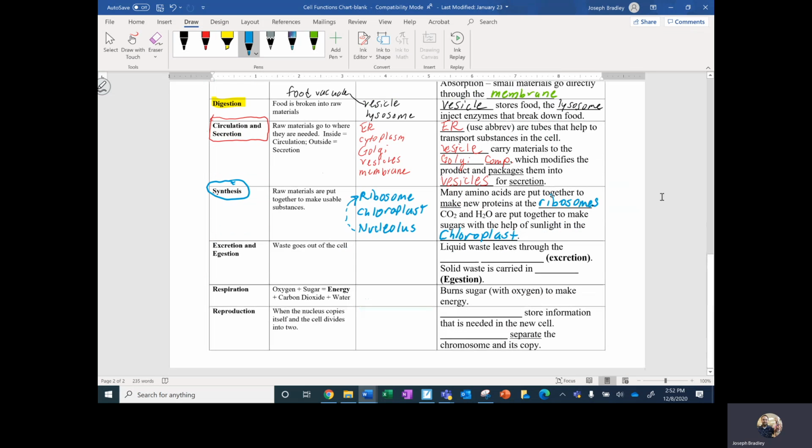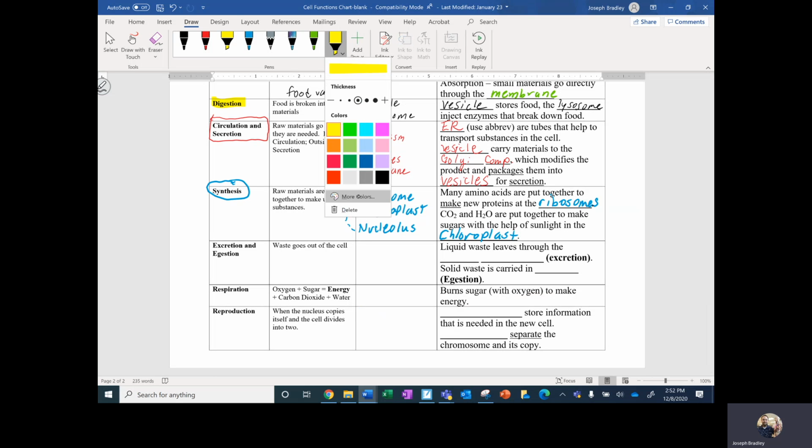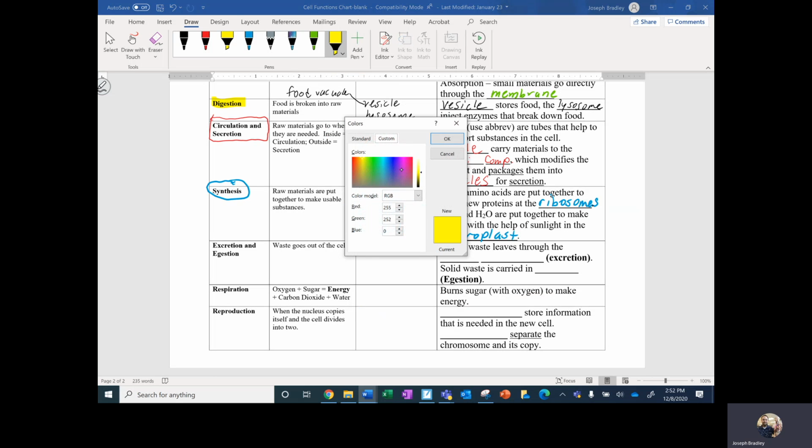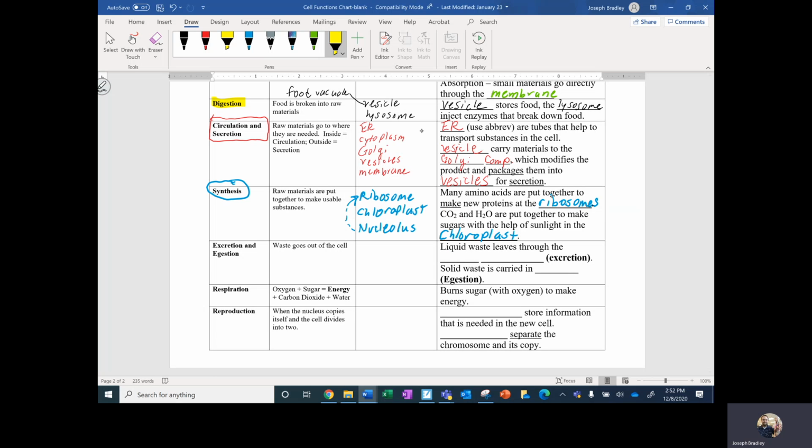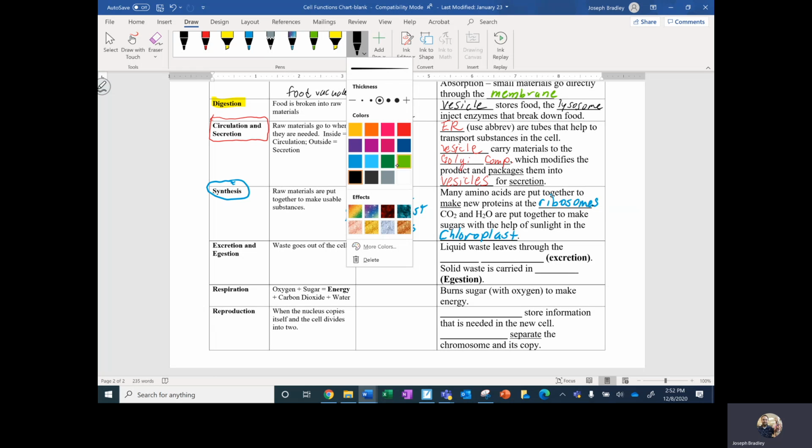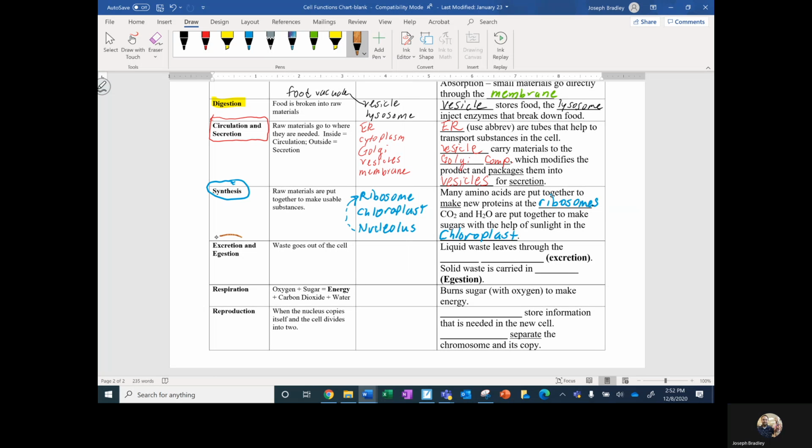So excretion and egestion. We'll highlight this one in brown. Let's just find a brown pen. There you go. So waste goes in and out.